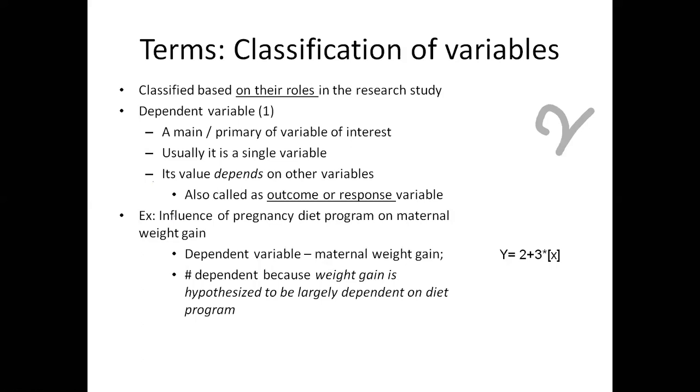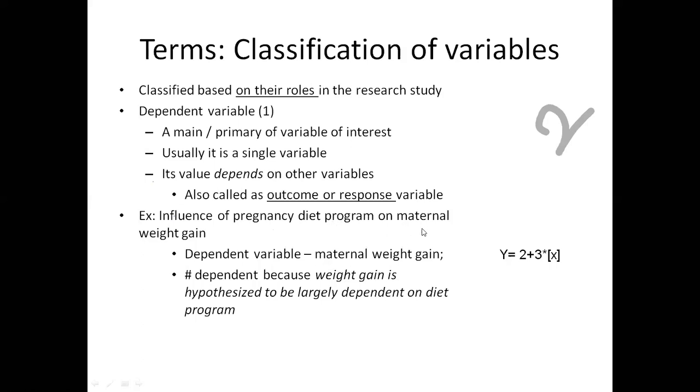So one example, let's say you're looking at the influence of a diet program, a pregnancy diet program, on maternal weight gain. We consider the maternal weight gain as the dependent variable. The reason why is because we assume, or we hypothesize, the weight gain will depend on the pregnancy diet program, right?